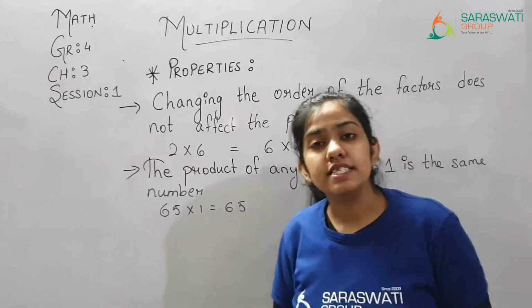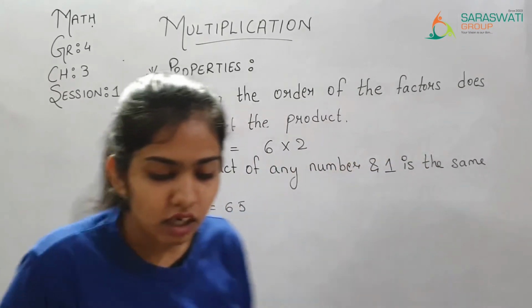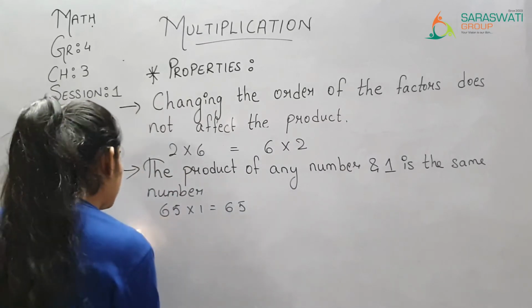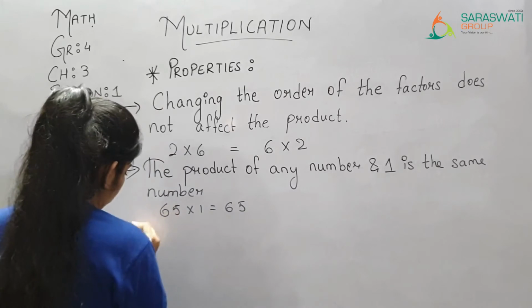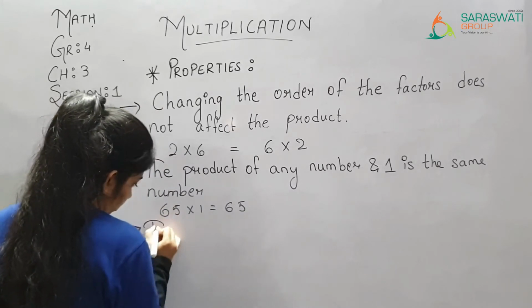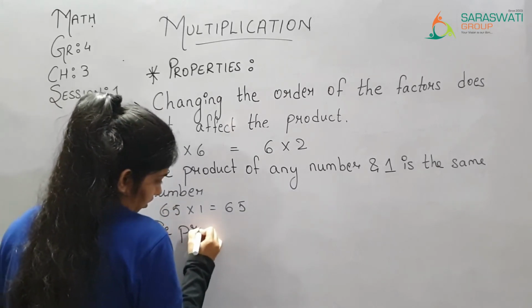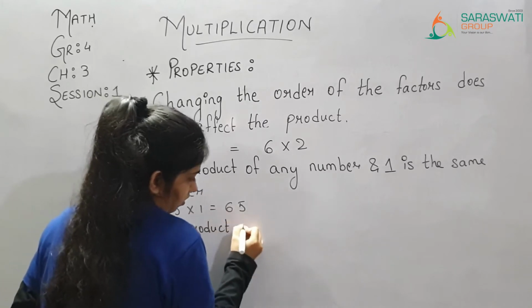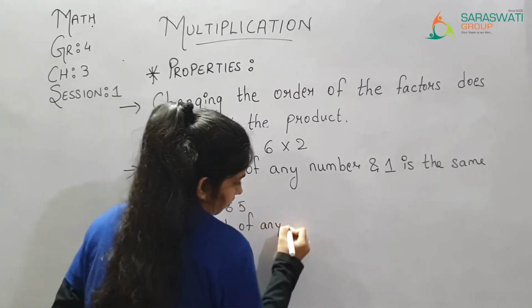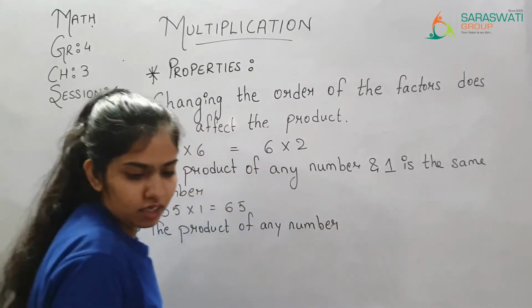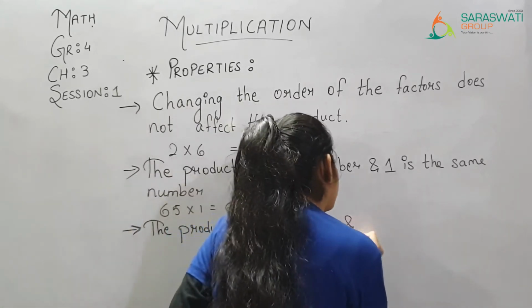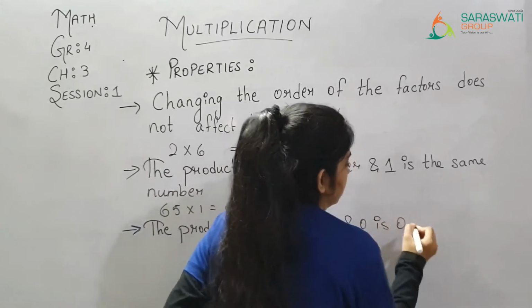Now let's see the third property. The third property is the product of any number and 0 is 0.